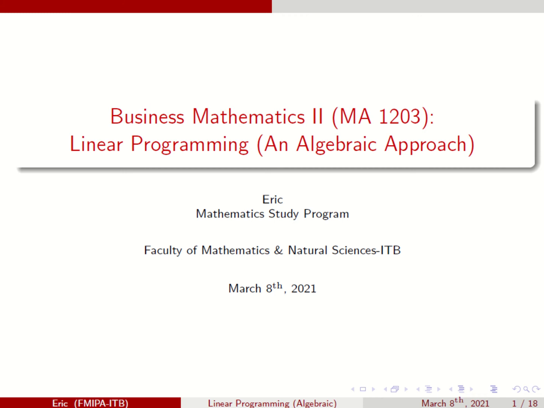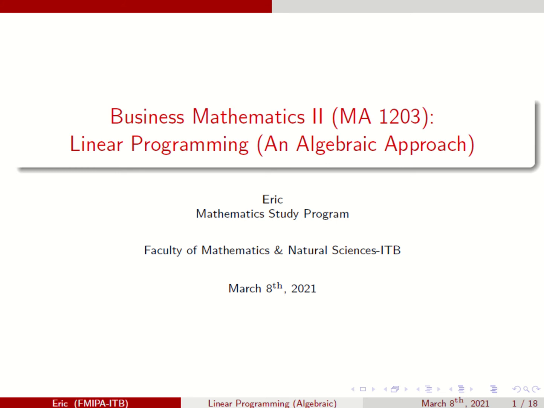So for today, we are going to discuss the linear programming problem, an algebraic approach. Remember, in the last session, we talked about linear programming, but with just two variables, where I can draw it in the plane and find the corners if I use the method of corners to find the solution.